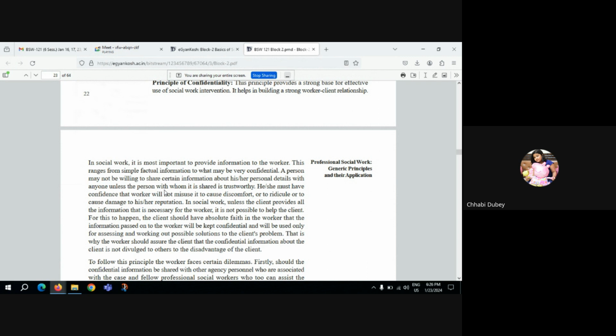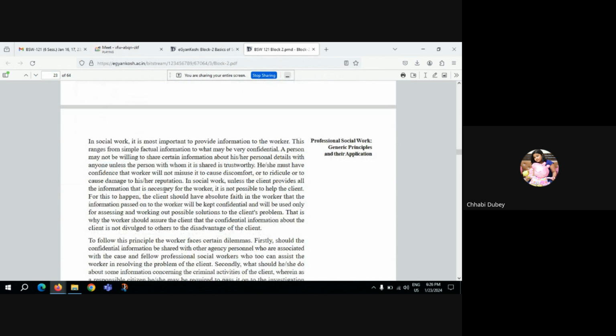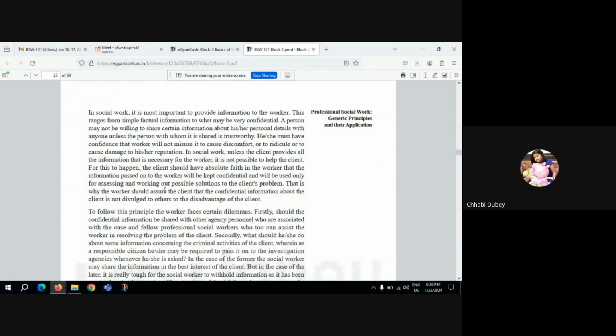We have to keep that information to ourselves, not misuse it, and not expose the client to other persons. We must keep the identity of the individual as well as the information communicated to us by the client very confidential.